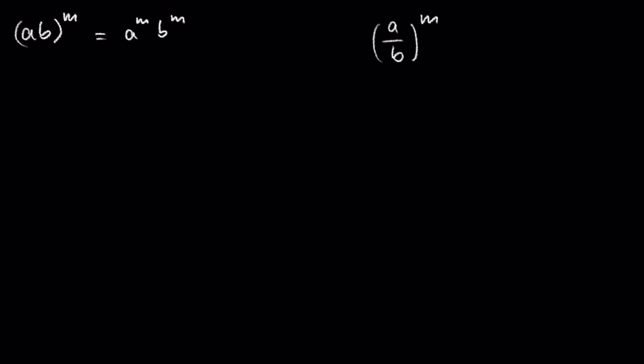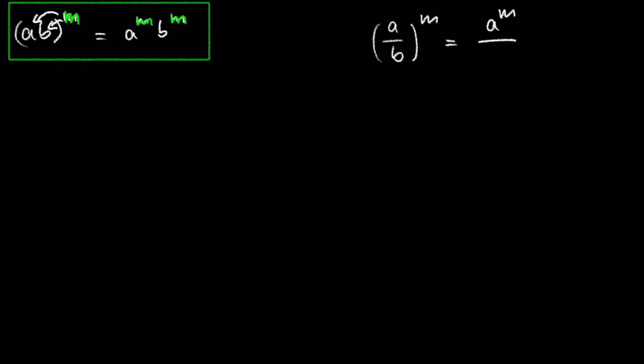In other words, you can distribute the exponents to each factor. And the power of the quotient law says that the quotient a divided by b raised to the power of m is the same as a raised to the power of m divided by b raised to the power of m. In other words, you can distribute the exponent to the dividend and to the divisor.